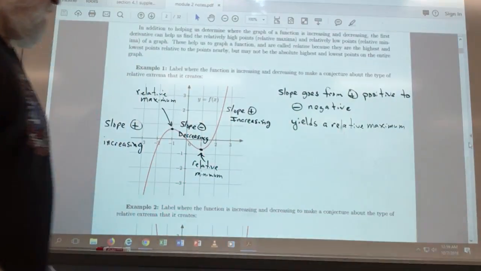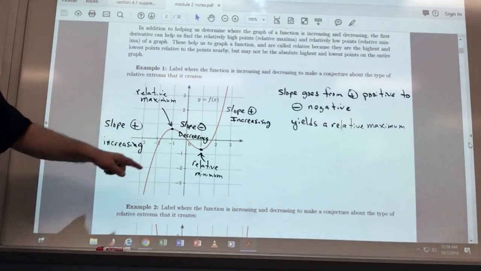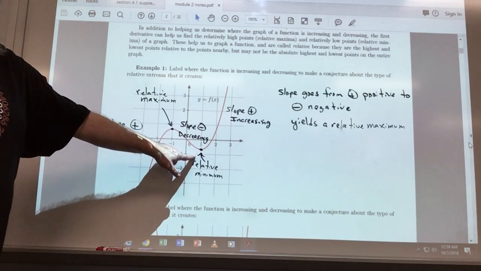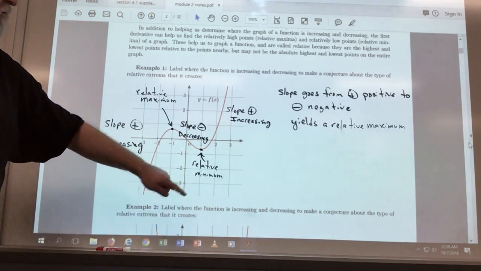And we can also say that if the slope goes from negative to positive around a point, that yields a relative minimum.